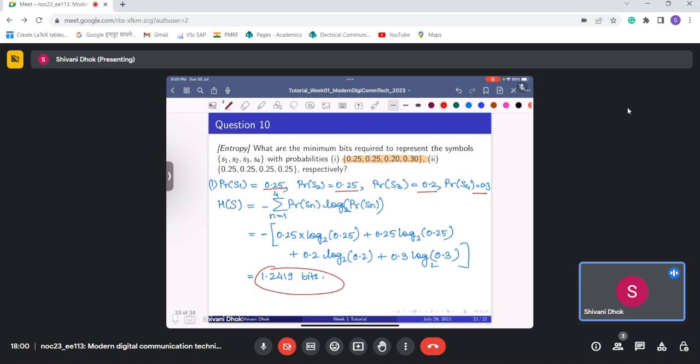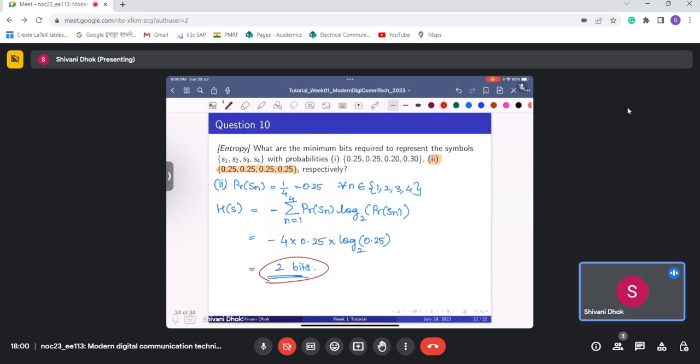However, if we look at the second case, all are equiprobable. All the symbols can appear with equal probability and may appear an equal number of times, but we don't know when they'll occur. So the second case of equiprobable symbols involves more uncertainty.